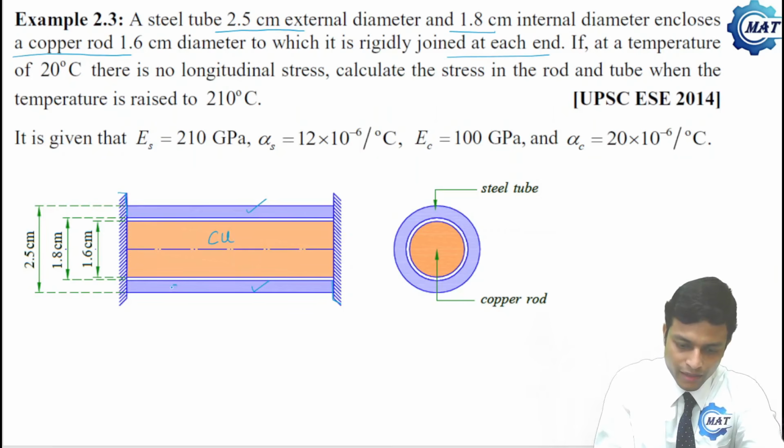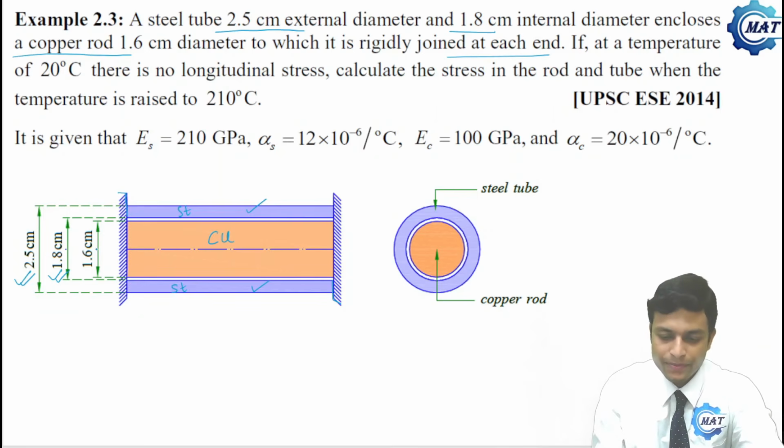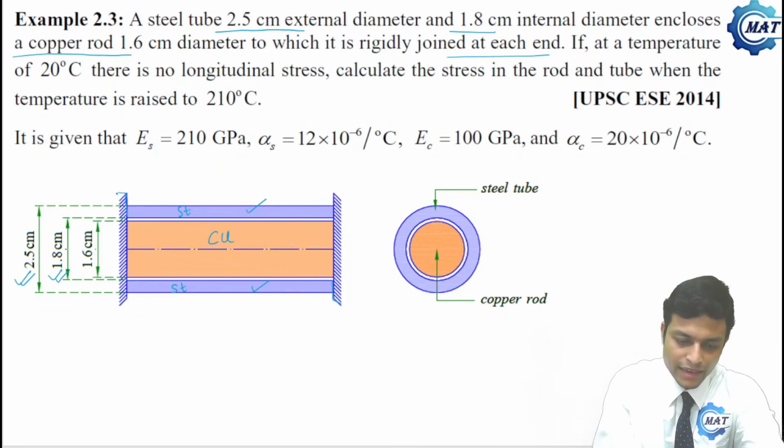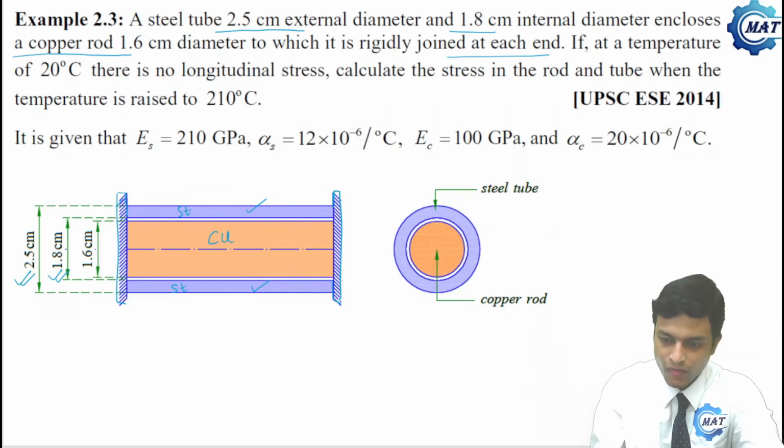The steel tube external diameter is 2.5 centimeter, internal diameter is 1.8 centimeter, and the copper rod has 1.6 centimeter diameter, and they are rigidly connected at each end.